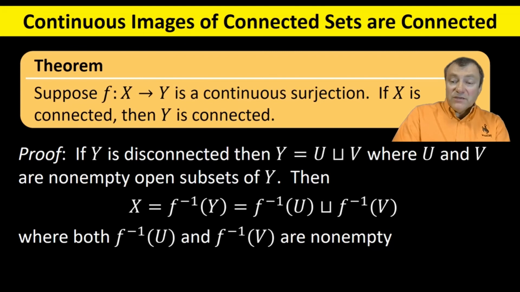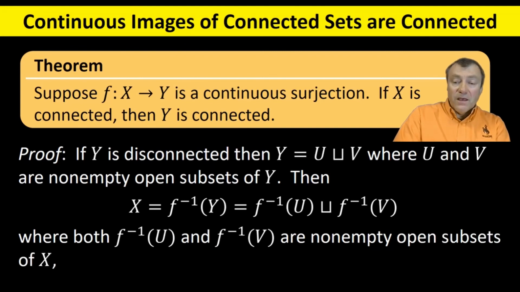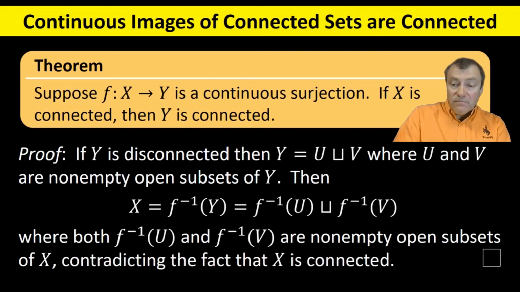Similarly, the preimage of V is non-empty. And both of these preimages are open, since they're preimages of open sets. Wait a minute, this cannot happen, since X is connected. This gives us the desired contradiction, and that proves the theorem.